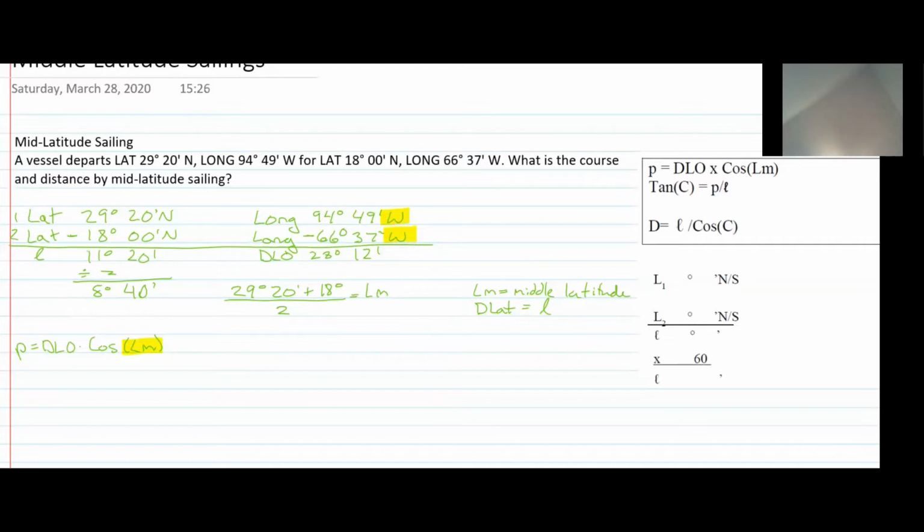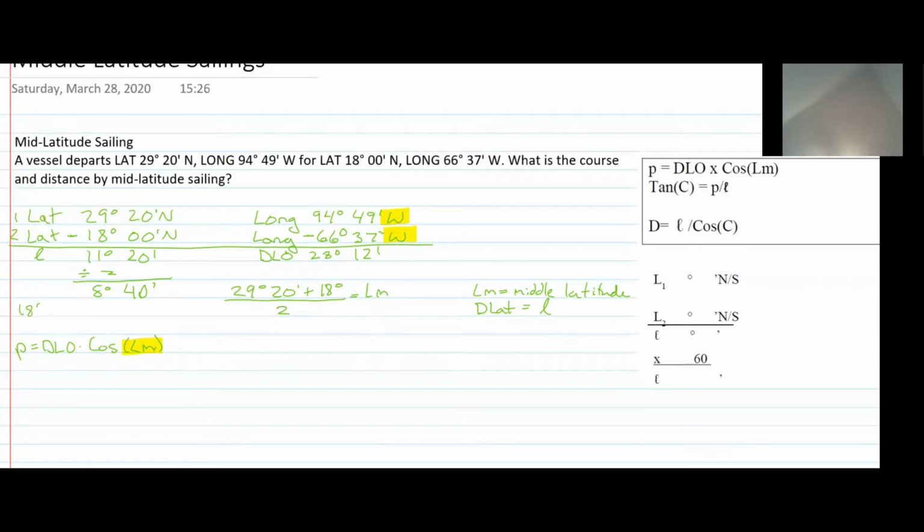So in order to get a middle latitude, a latitude between our first lat and second lat, we should either add 5 degrees, 40 minutes to 18 degrees, or we can subtract 5 degrees, 40 minutes from 29:20. You'll get the same answer either way. I prefer to add.